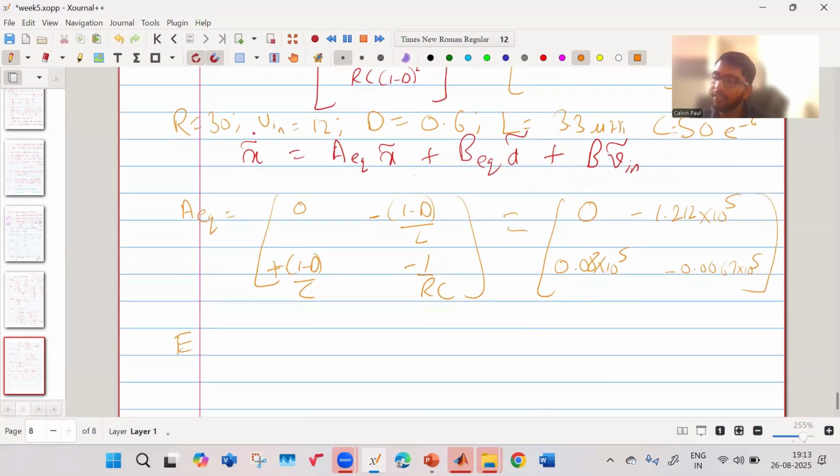And what is the E equivalent? That is equal to B. That is equal to 1 by L and 0. So what is this value?